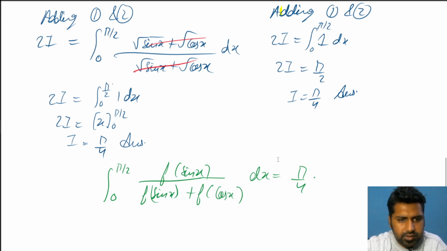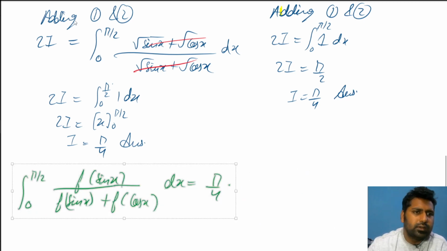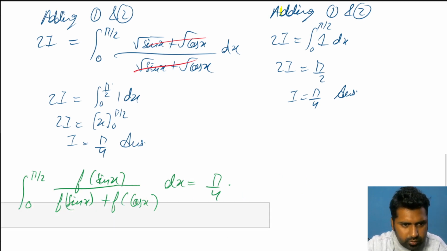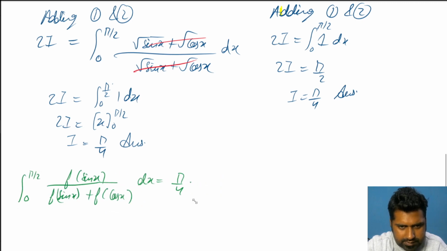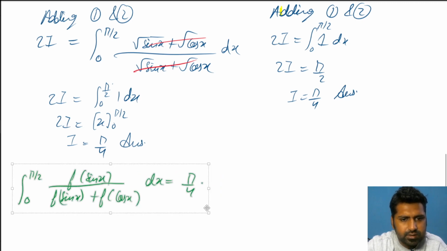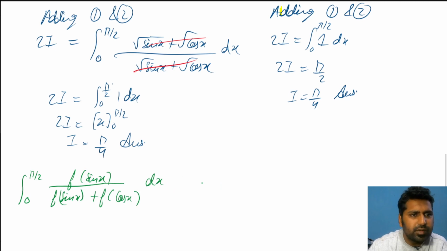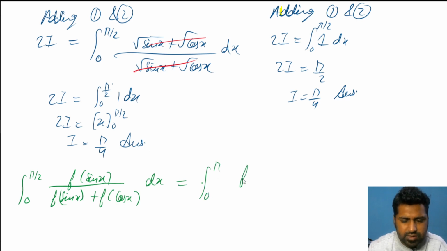And interestingly, I'll tell you few other formats for MCQs and short notes. This expression has the same answer. Even sine and cos are interchangeable about pi by 2. What else is interchangeable about pi by 2? Tan and cot. So the same thing will happen.